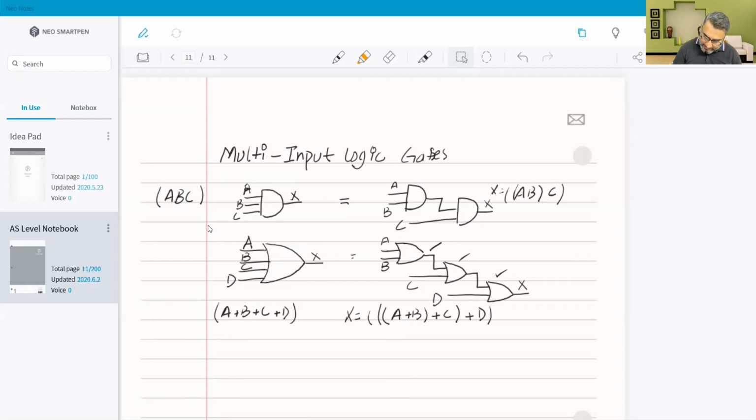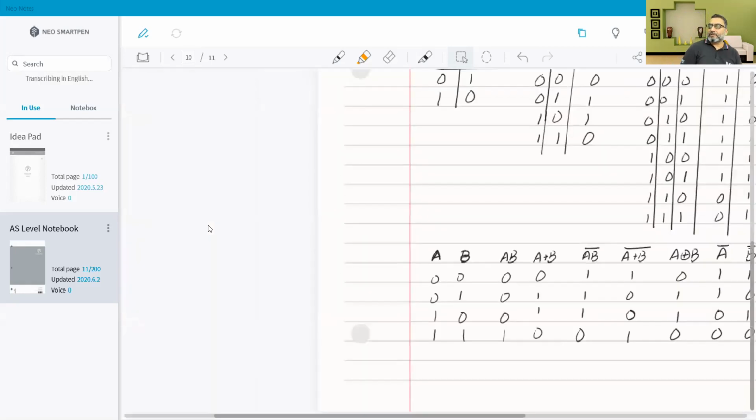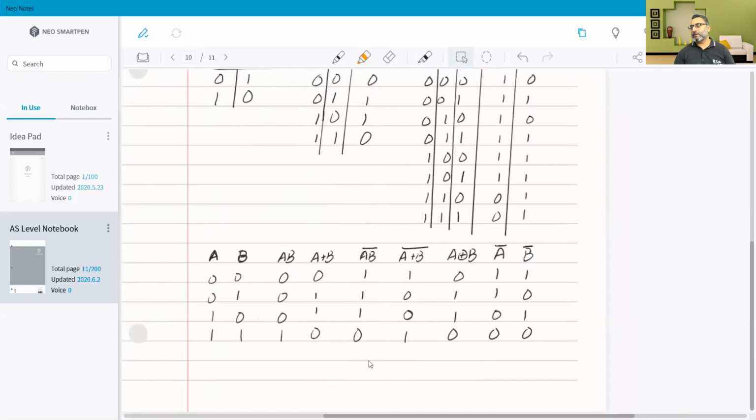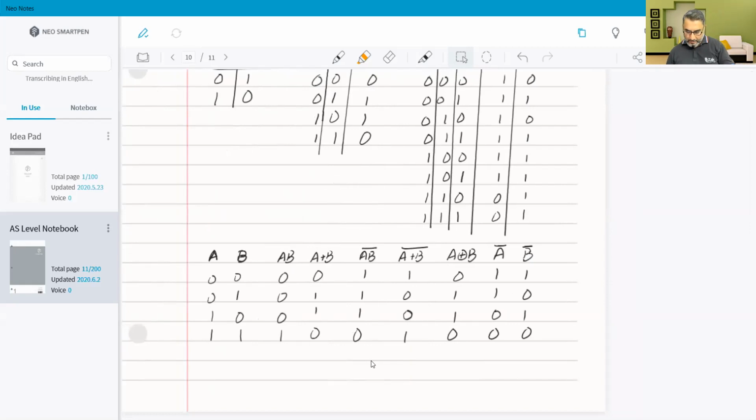Now let's get back to truth tables. You can see I have drawn all the possible outputs for every gate over here. You can observe it easily.